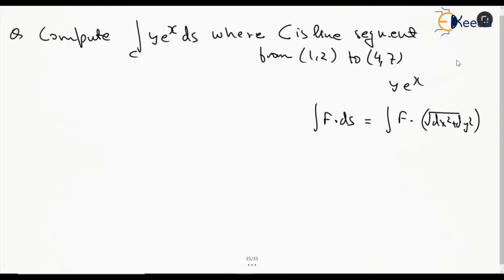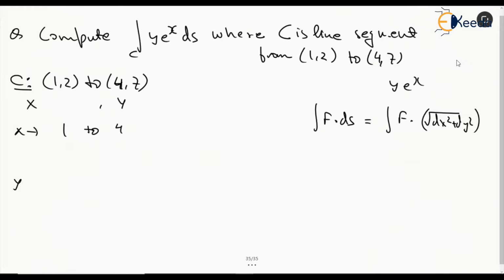First of all, let's talk about the curve, which is a line joining 1, 2 to 4, 7. They say it is a straight line. Now in that case we can parameterize this x and y in terms of another variable. We can see that x is starting from 1 and going up to 4, and y is starting from 2 and going up to 7, right?